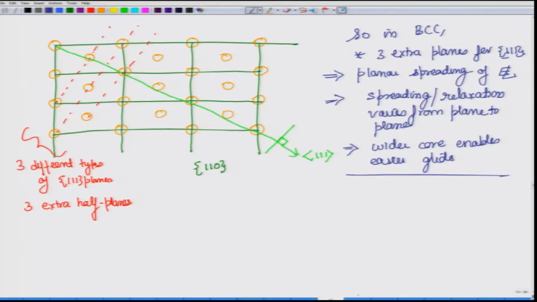Now, coming back to the original point that there are lots of different slip planes. In BCC we said that each 111 is contained in 3 110, it is contained in 3 112 and it is contained in 6 123.